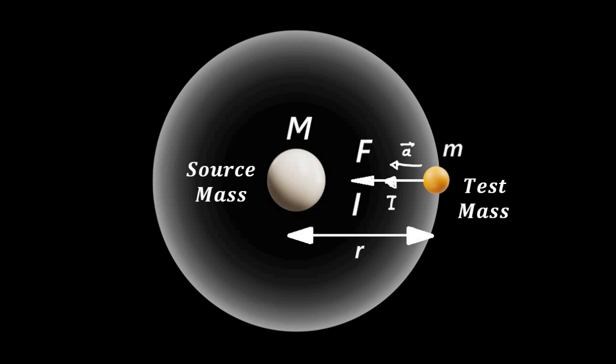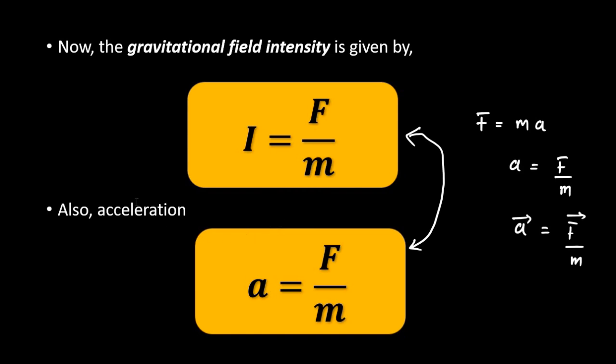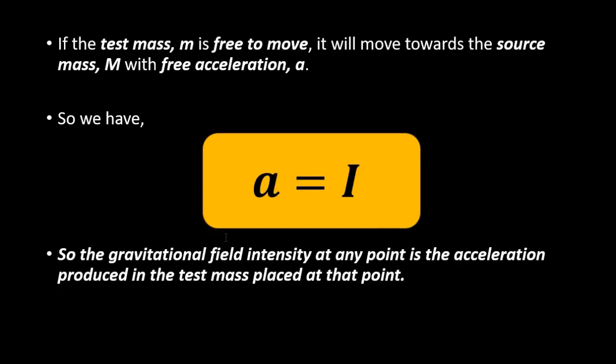So this is the significance of gravitational field intensity. It gives us the expression for the strength of the gravitational field produced by an object, and also it gives us an expression for the acceleration produced at any point within the gravitational field.